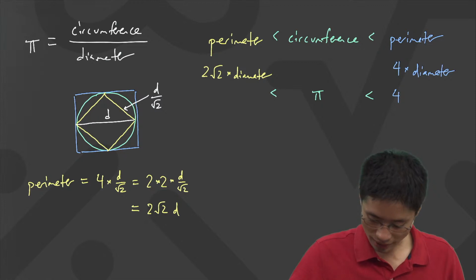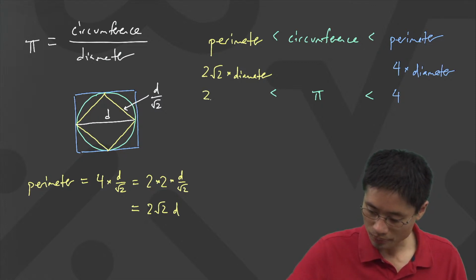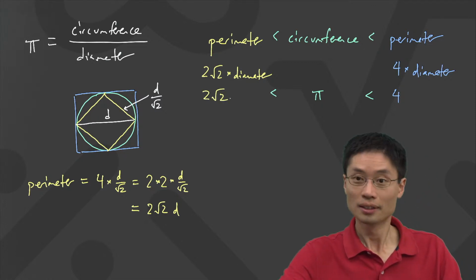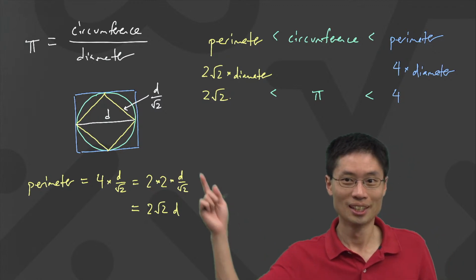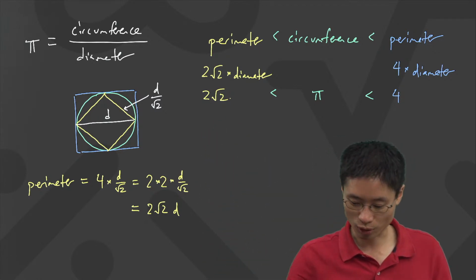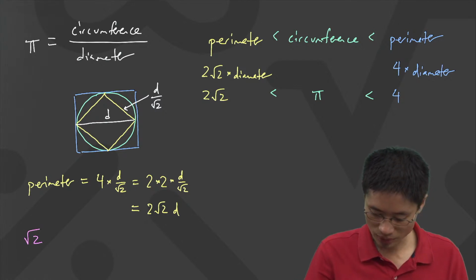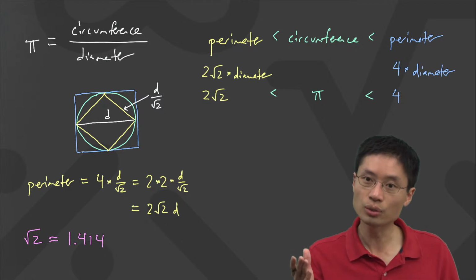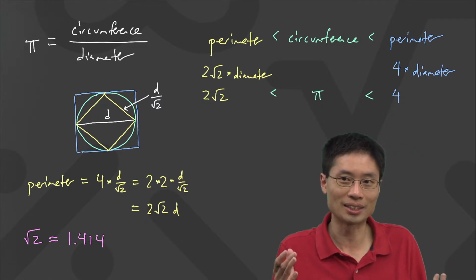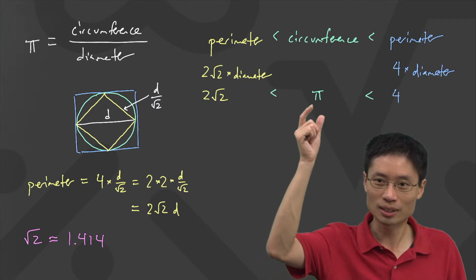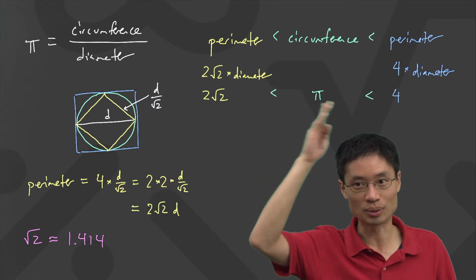And on the other side, it's 2 root 2. This is satisfying because it's true. Square root 2 is about 1.414. So just remember, square root 2 is about 1.414. So this 2 root 2 is like 2.828. And good. You see that we got this 3.14 thing sandwiched in between these two.